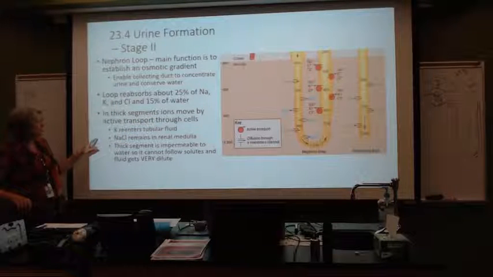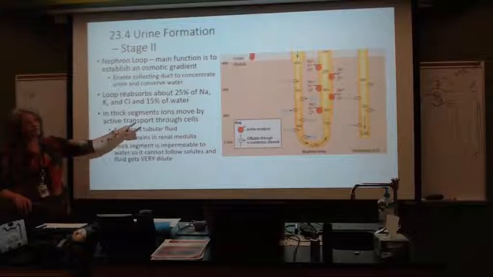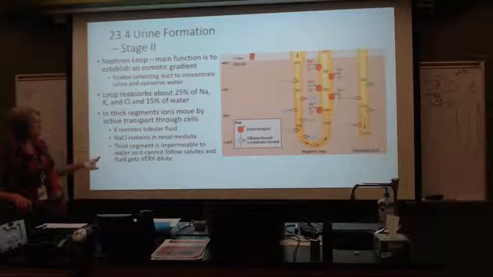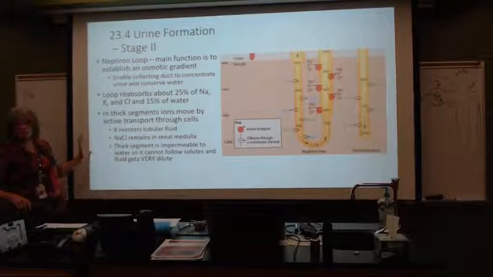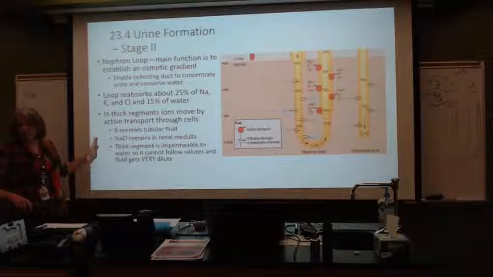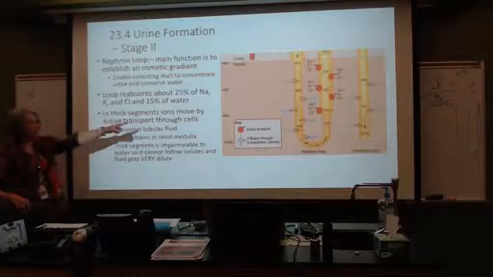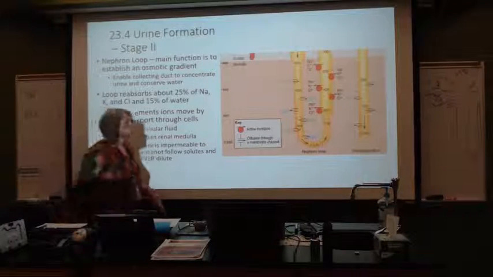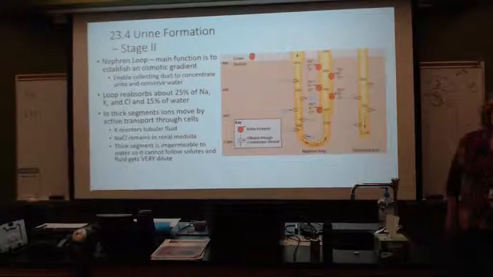Sodium and some of the salts can come back into the tubular fluid or go back out. And one of the big things is dealing with this water. In the thick segments, water can't do anything, but look what it can do in the thin.